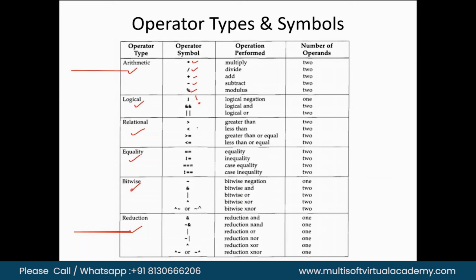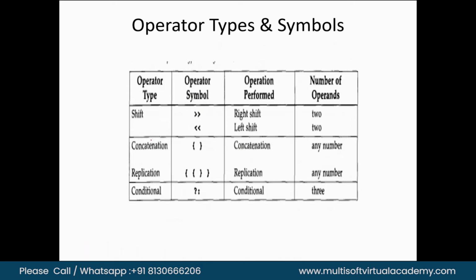This is for or operation, greater than, less than, or equal to. This is equality. This is arithmetic case. This is a logic condition. This bitwise operation and the reduction operation are more or less the same, and shift operation, concatenation operation like this. This is my concatenation, and this is my replication, and this is my conditional operation.